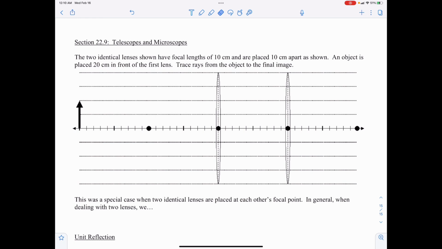So here's what we have. We have two identical lenses as shown with focal lengths of 10 centimeters and are placed 10 centimeters apart as shown. An object is placed 20 centimeters in front of the first lens. Trace the rays from the object to the final image. Okay, so here's what we would end up with. The way this works is, let's write this down.